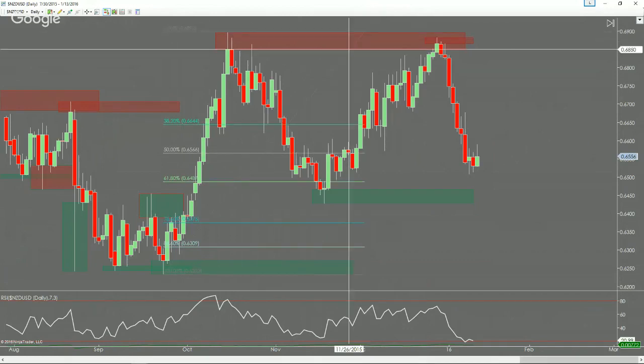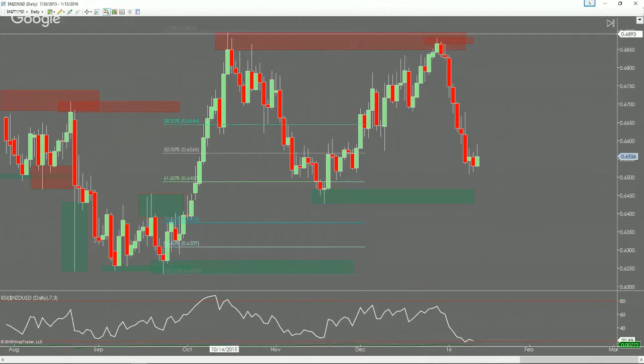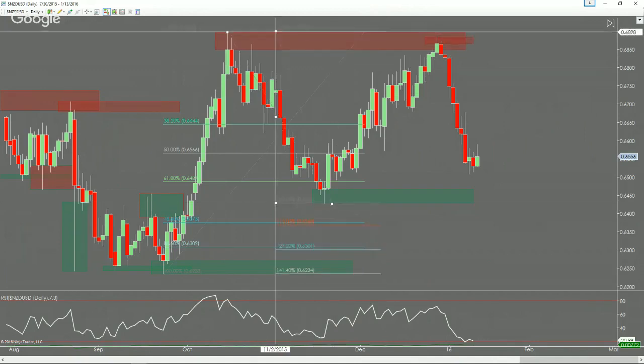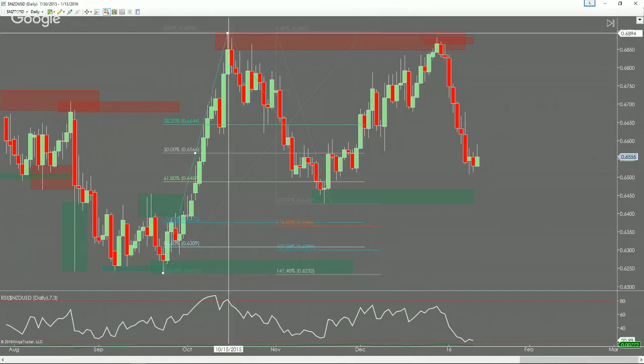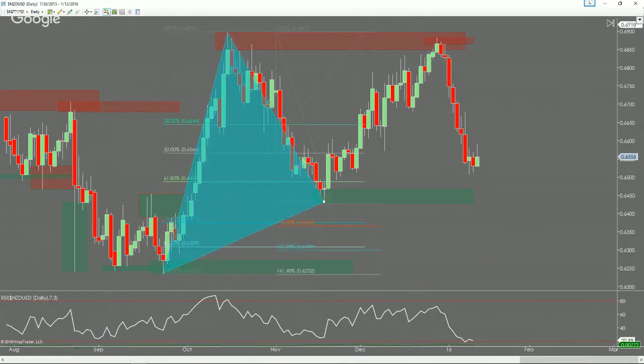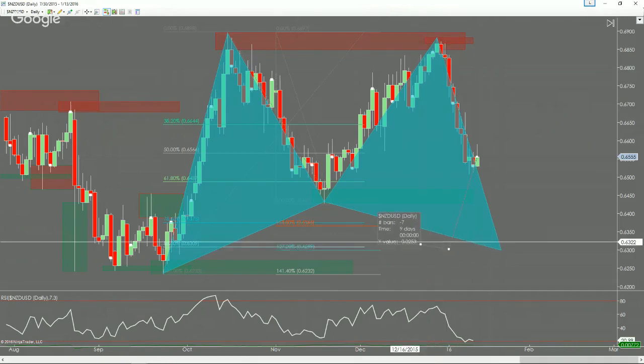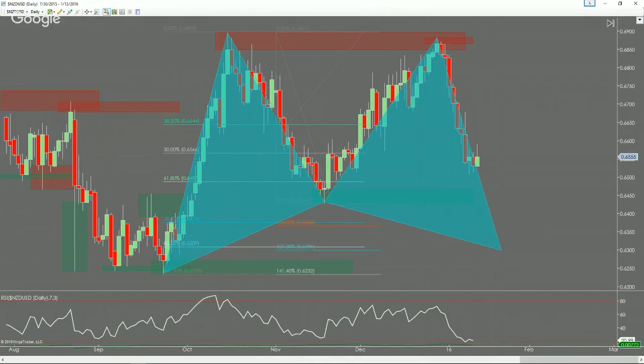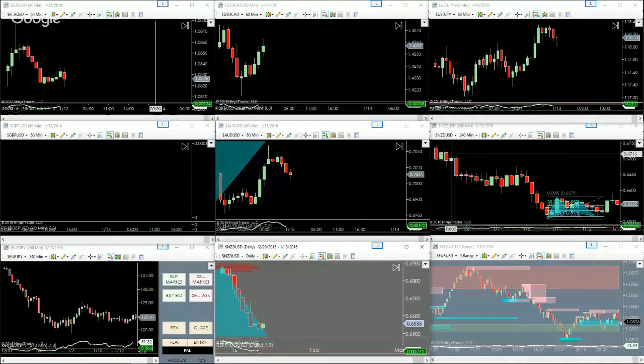That daily Gartley that we identified last week still is there. Same thing, waiting down still. They have about 253 pips to go to complete that pattern. So that's not going to happen anytime soon.